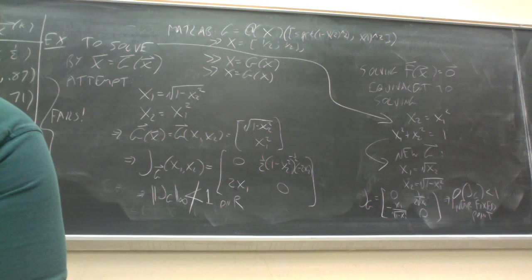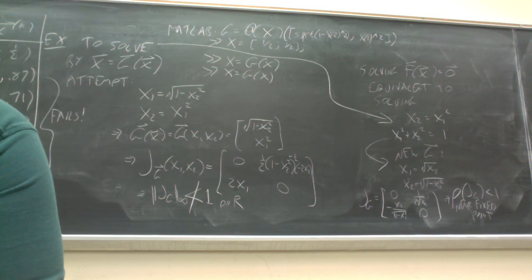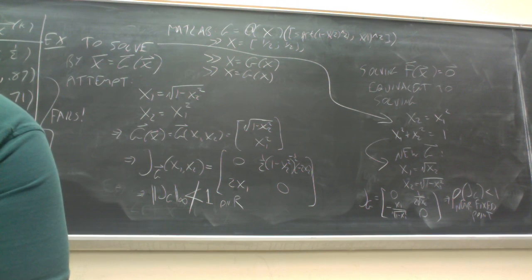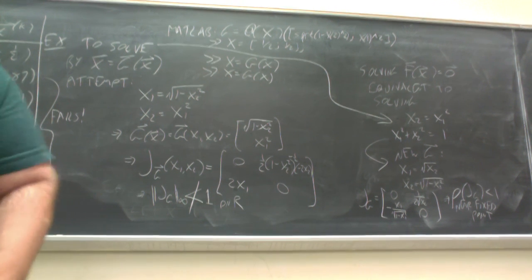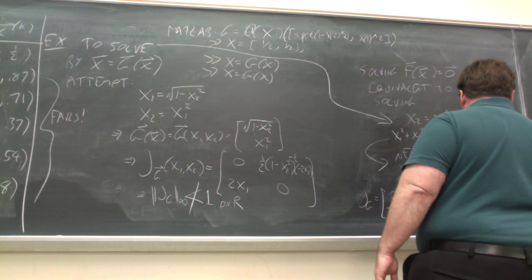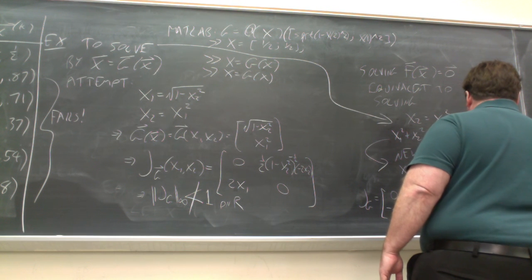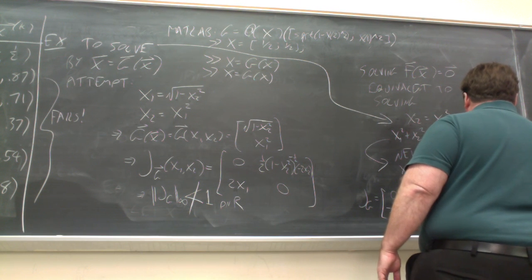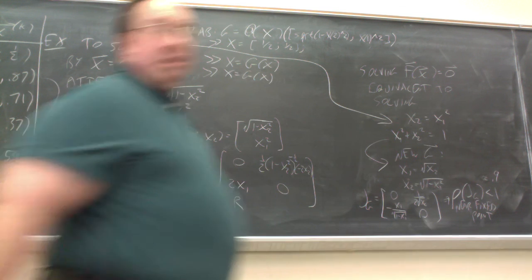So 1 over 2 square root of x2, and then minus x1 over square root of 1 minus x1 squared. Then if I look at the eigenvalues, it turns out the spectral radius is roughly 0.9 near the fixed point.